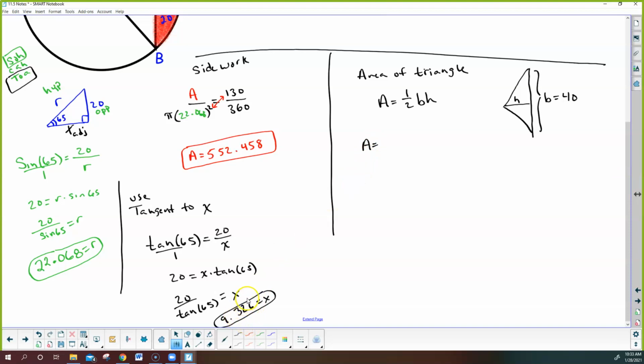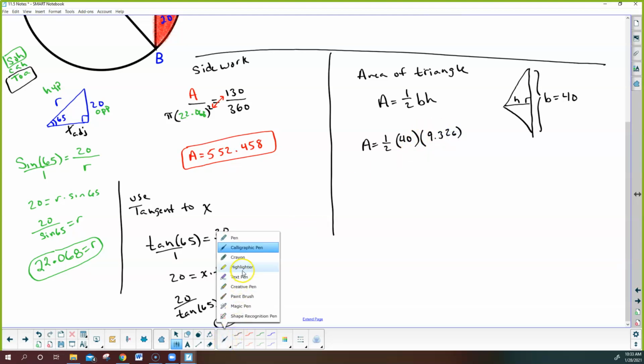Okay. So you should have got 9.362 rounded accurately to 3 decimals. And I know my base is 40. Base doesn't mean bottom, right? Base is where the height and the other side length meet. And then the height is the 9.326 that we just found.